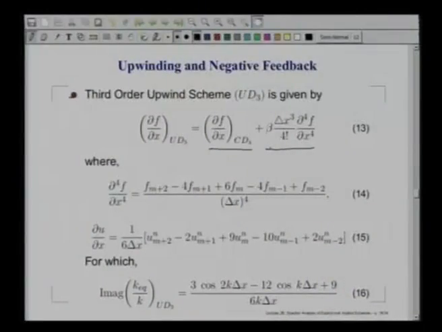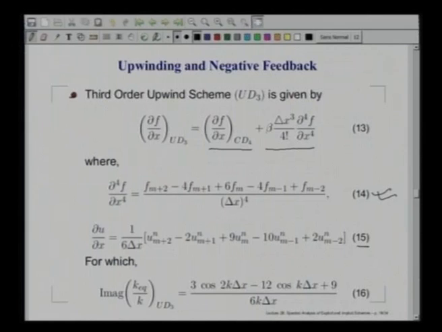We have already seen what del f del x CD4 expression is. Here I have shown you what this fourth derivative expression is, and if you substitute all of that together, your del u del x by third order upwind scheme is given by equation 15.